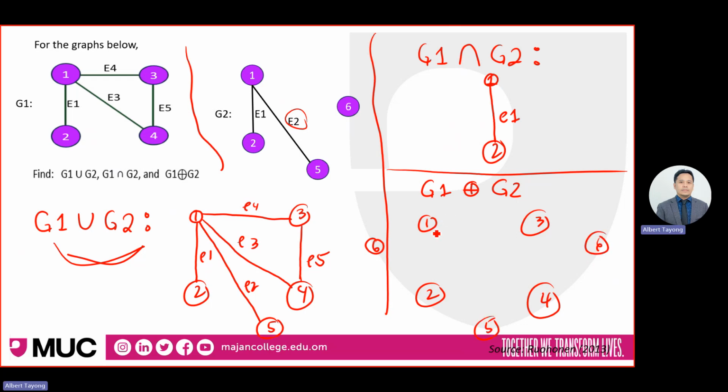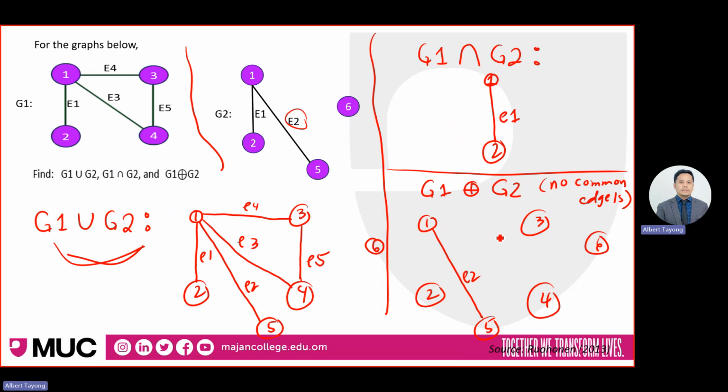So we're going to start with E2. We're not going to draw E1. So G1 ring sum G2 means G1 union G2 without the common edge. No common edge or edges if we have more than one.